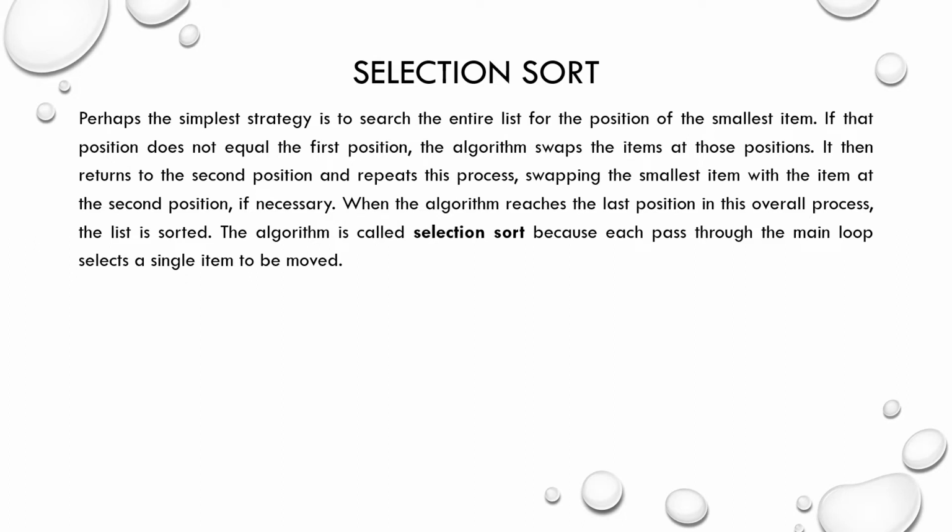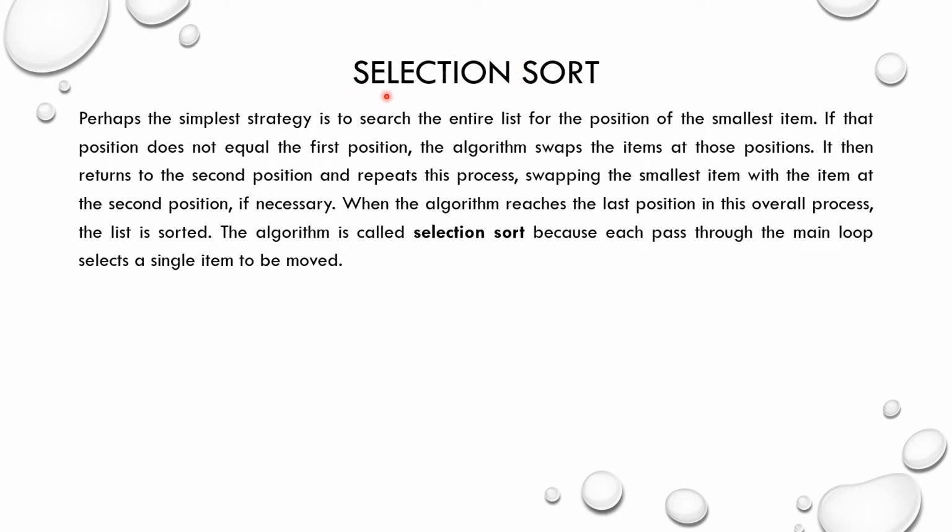Now talking about selection sort, the simplest strategy is to search the entire list for the position of the smallest element. If that position does not equal the first position, the algorithm swaps the item at those positions. The working of selection sort is very simple. The word which mainly works here is selection.